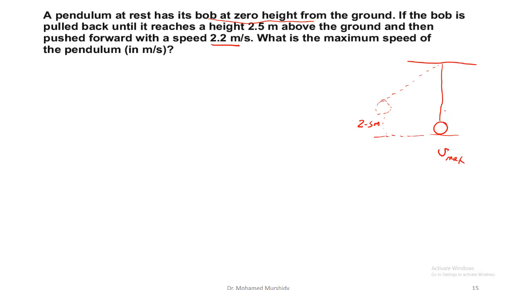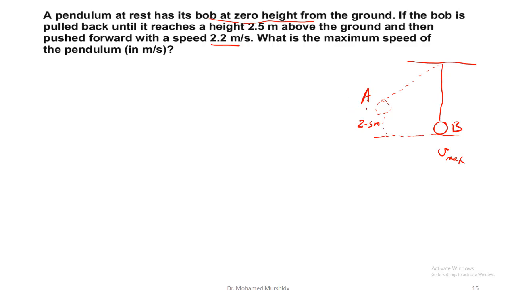We learned, guys, that any problem that has height and speed, the first thing I would think of is the conservation of energy. So we have 2 points here, A and B. Since there is no mention of air resistance, it would be 0, of course, as long as there is no mention of it. So we consider that the air resistance equals 0.